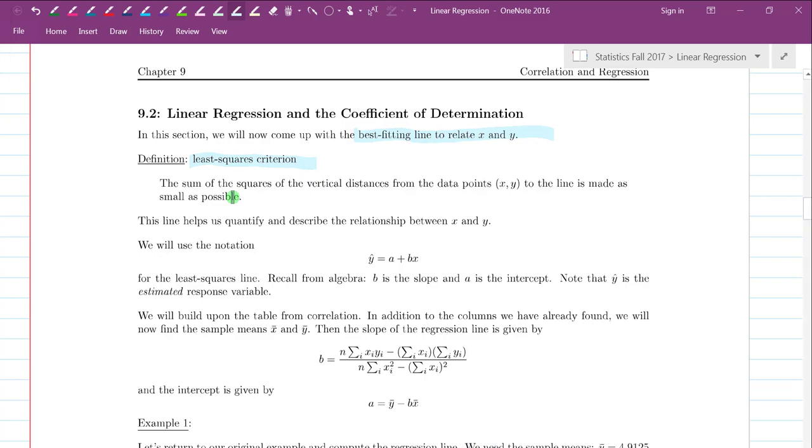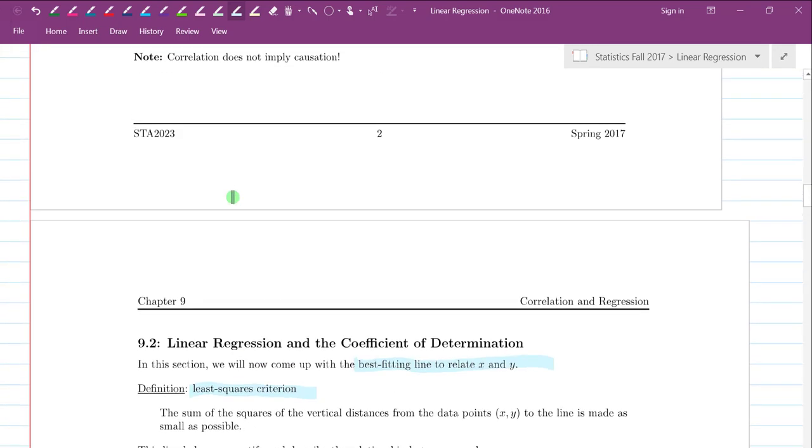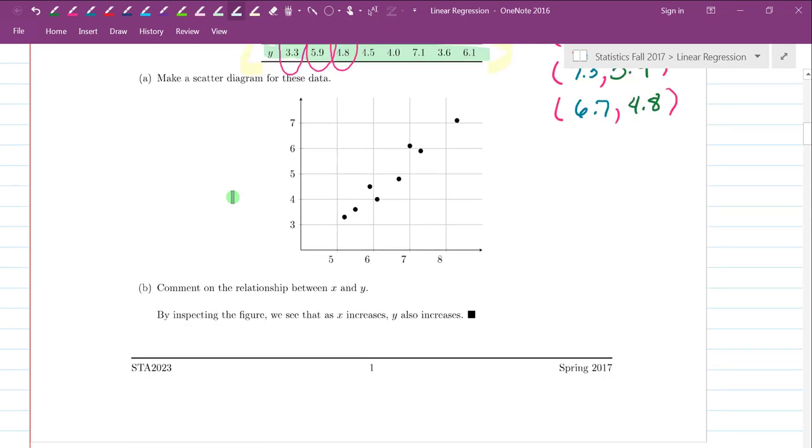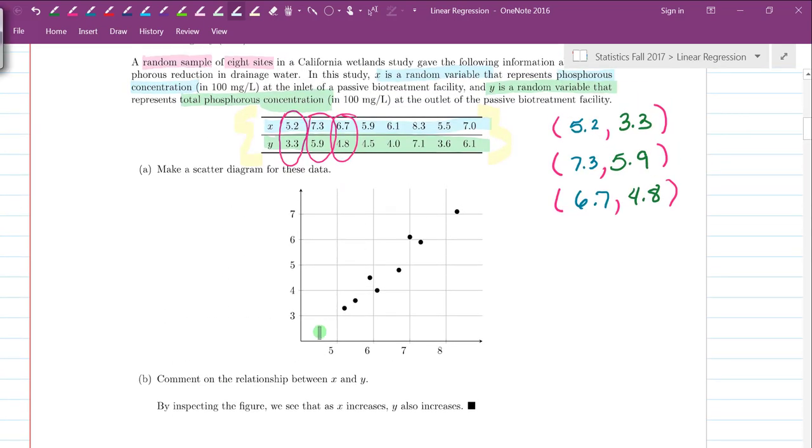So what we want to do is, when we're looking at the line, if we can envision that our line is coming right through here, we would look at the distance from the point to the line, and we would measure that distance, and we would want that distance to be as small as possible.